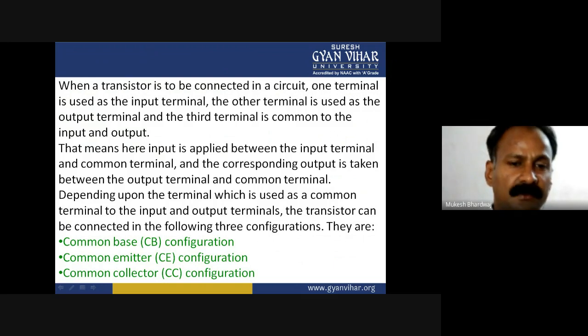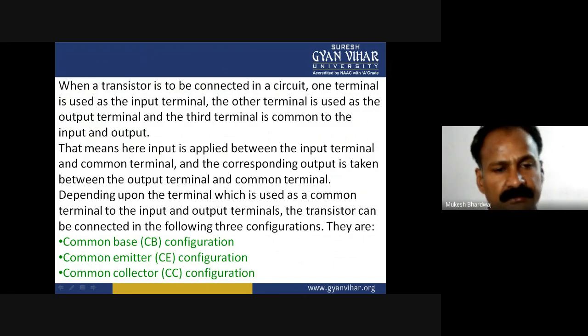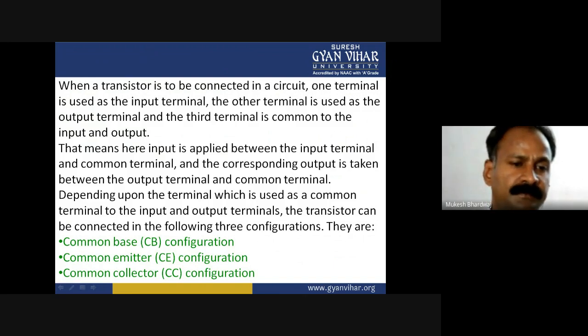They are common base configuration, common emitter configuration, and common collector configuration. So keeping base as common at a time, keeping emitter as common at a time, keeping collector as common at a time, we are using the BJT in 3 basic configurations.